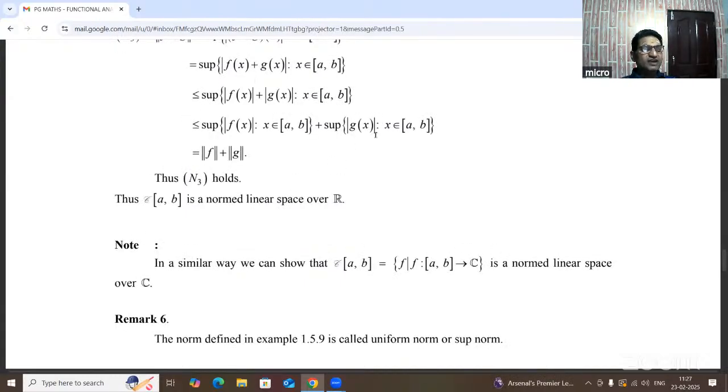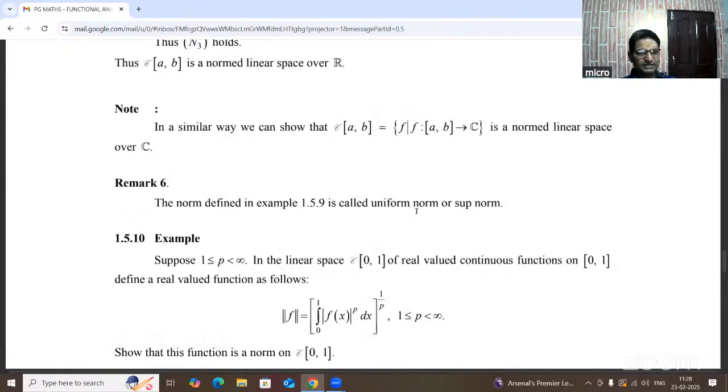Finally, since conditions N1, N2, N3 are satisfied, C[a,b] is a normed linear space over the real numbers. It can also be shown that C[a,b] for the complex numbers is a normed linear space, replacing R by C. That is a simple proof.